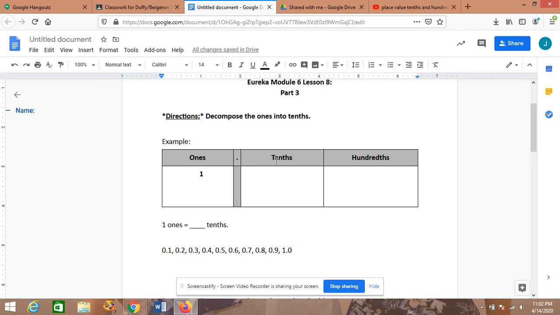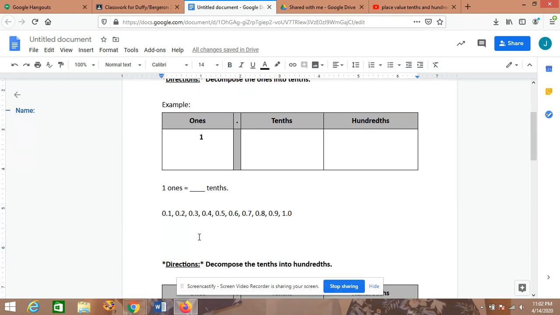But if 10 tenths makes a 1, it's the same thing for hundredths. 10 hundredths makes one little tenth. And we know that. We've been counting by hundredths already. So if we kept counting by hundredths, you have 4 hundredths, 5 hundredths, 6 hundredths, 7 hundredths, 8 hundredths, 9 hundredths, and on that 10th hundredth, that 9 in the hundredths place becomes a 0.